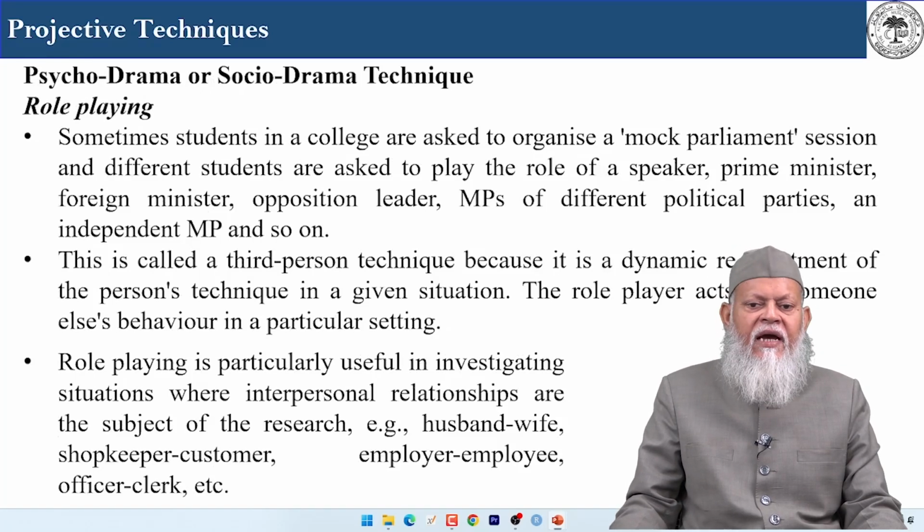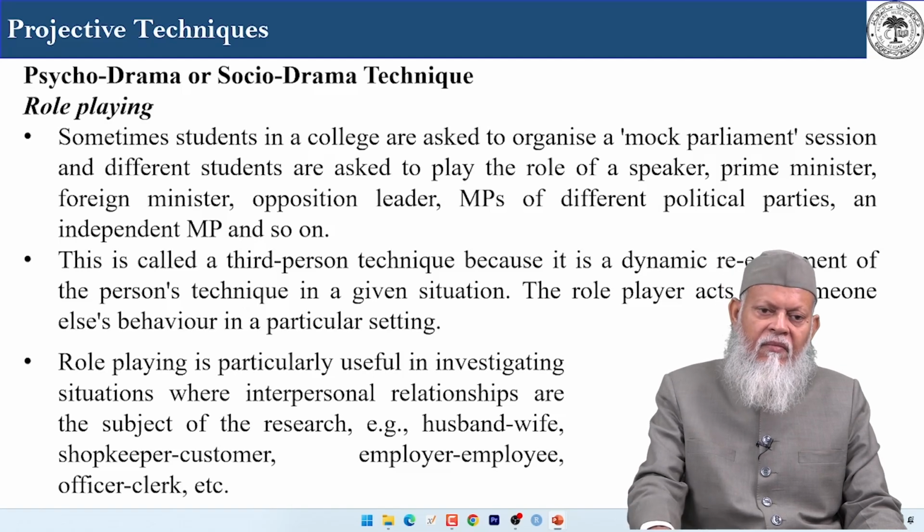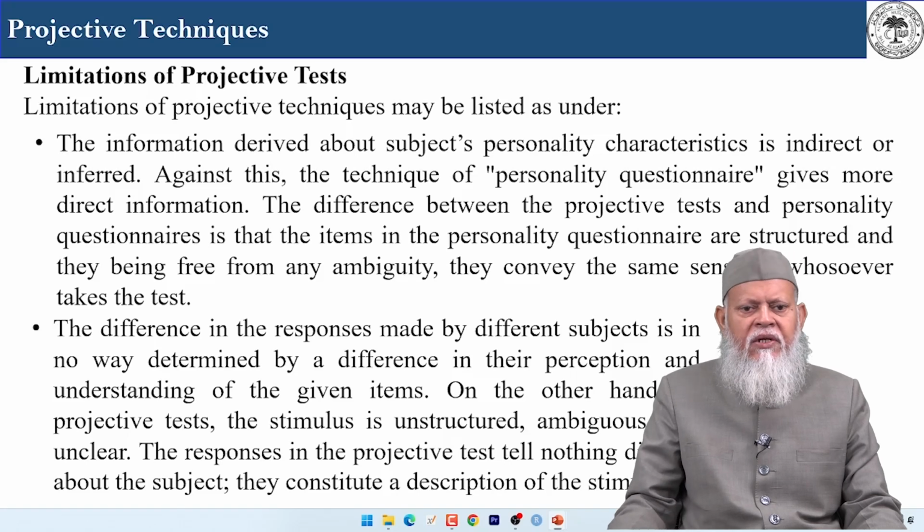If we assign them to different persons, they will speak out their perception of these in their minds. So role playing is also a very important technique of collecting data through the projective technique method.